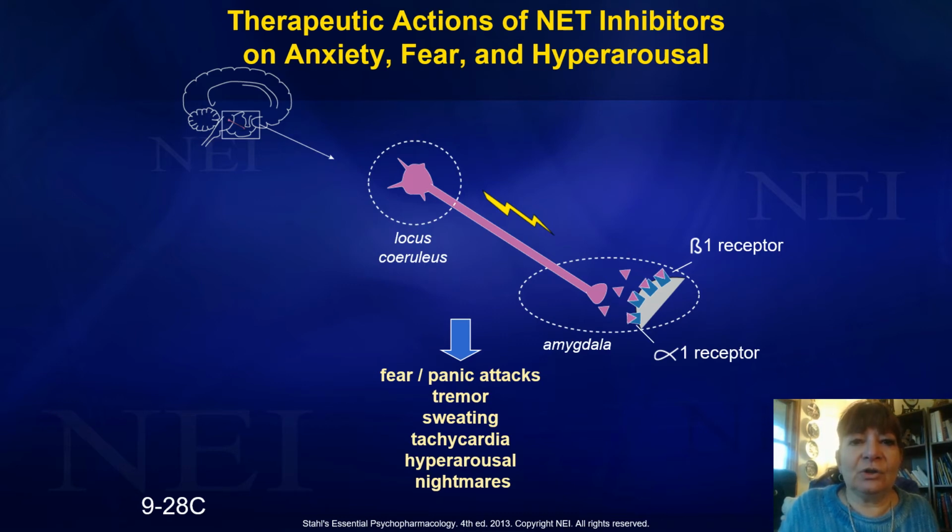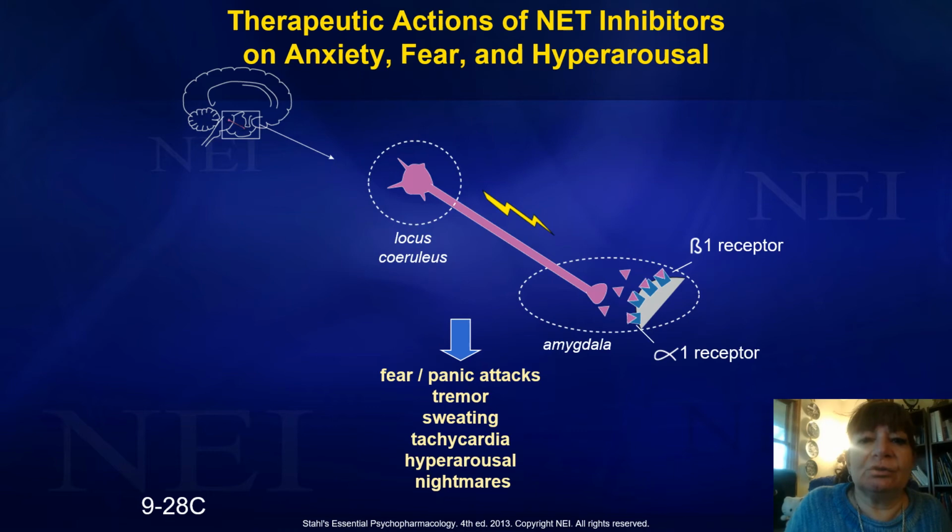And we also know that there can be noradrenergic hyperactivity in anxiety and fear. Norepinephrine provides input to the amygdala, but many other areas. But it can also be blocked by a norepinephrine transporter inhibitor.